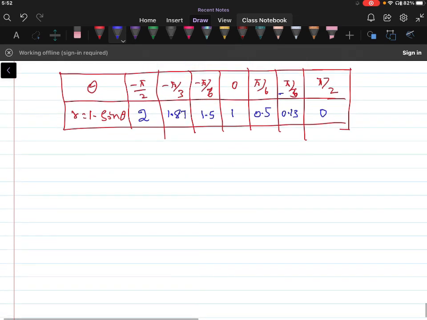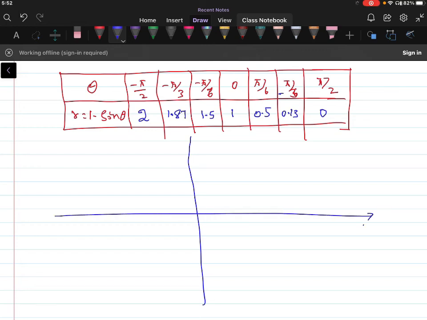Now let us plot the polar graph of the curve 1 minus sine theta. Take the coordinate system. The x-axis is theta equal to 0, and the y-axis is theta equal to pi by 2 when you measure the angle in the anti-clockwise direction. Then theta is equal to pi, theta is equal to 3 pi by 2.